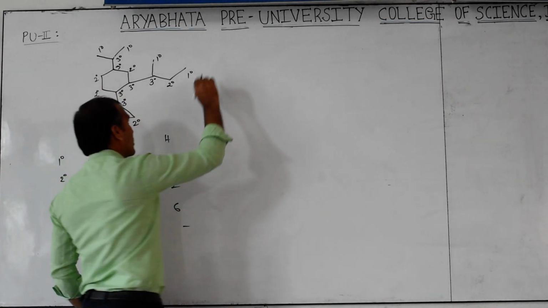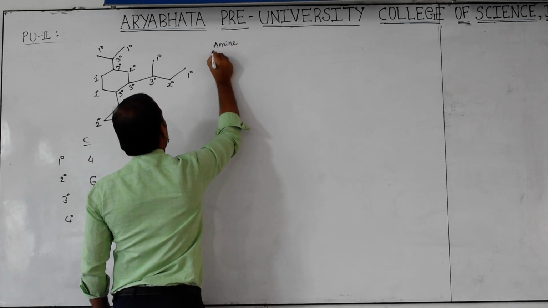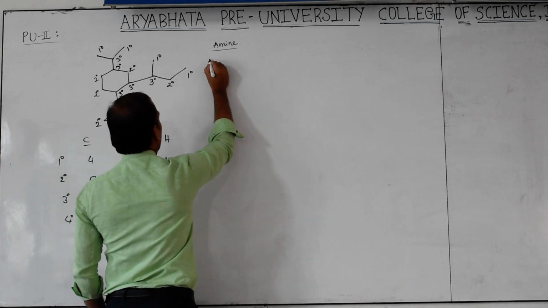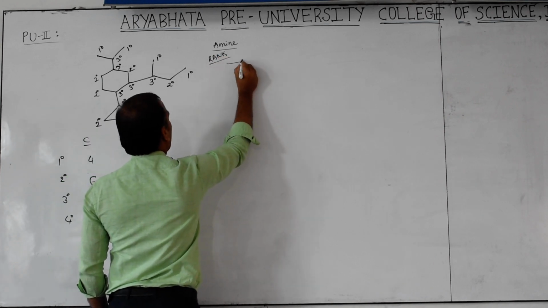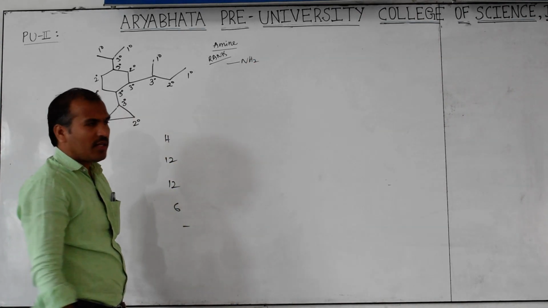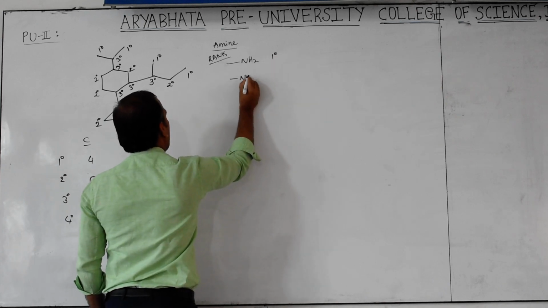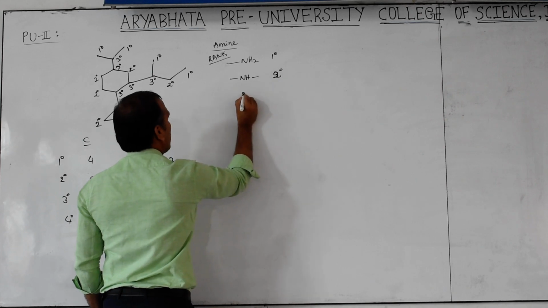Next, amines. Amines also have primary, secondary, tertiary. Now, how to identify? Follow the rank shortcut. It is easy for you. If NH2 is there, add nitrogen with 2 hydrogens, that is called primary. Nitrogen with 1 hydrogen, then it is secondary.